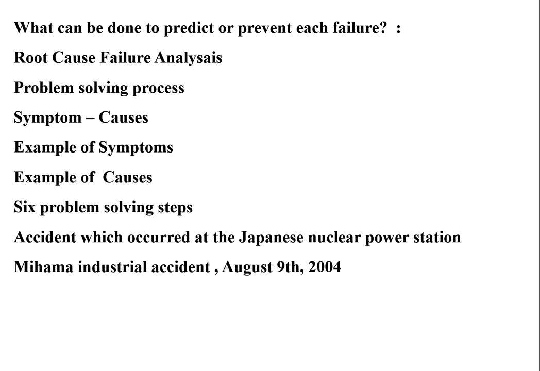That was on August 9th, 2004, the Mihama industrial accident, and we will be able to discuss this accident and to learn from faults and from whatever occurred in history.